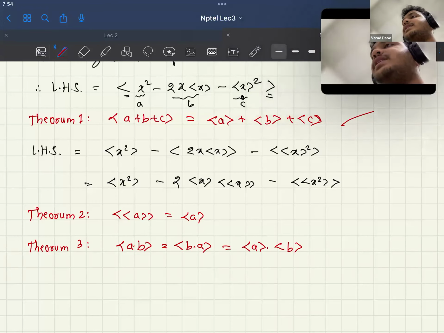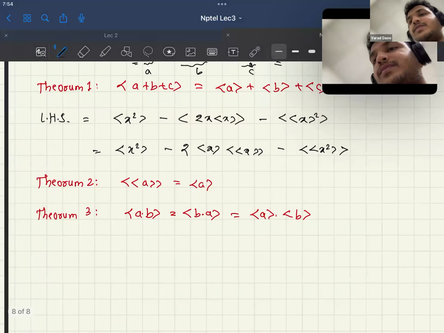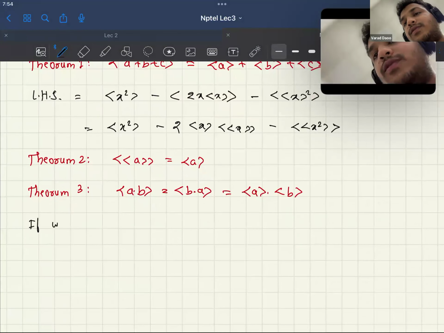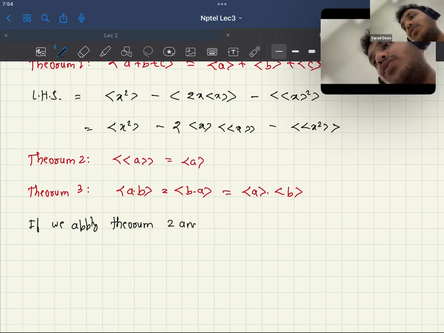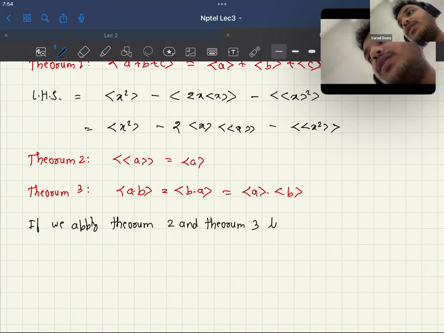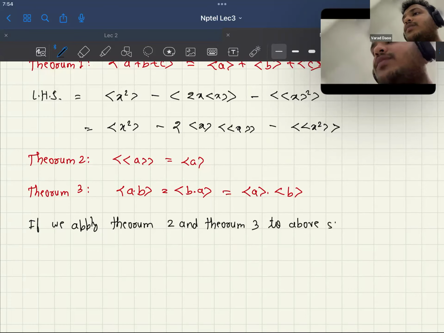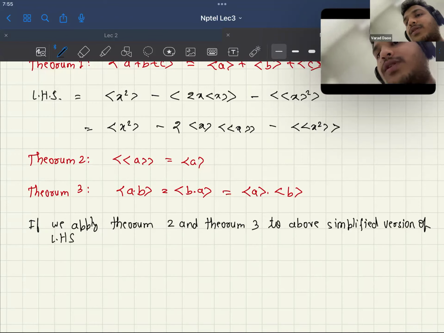So if you apply theorem 2 and theorem 3 to the above simplified version of LHS, then what we get?